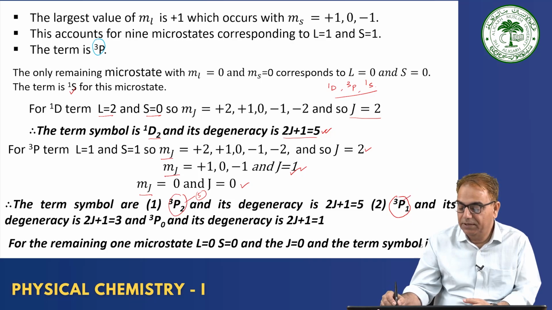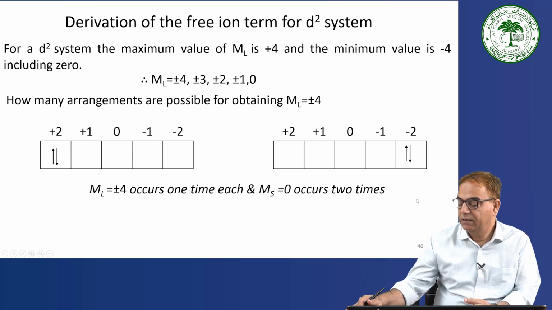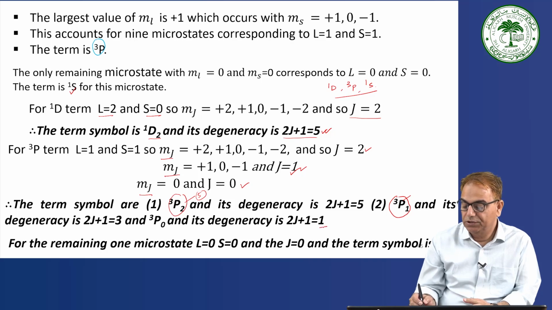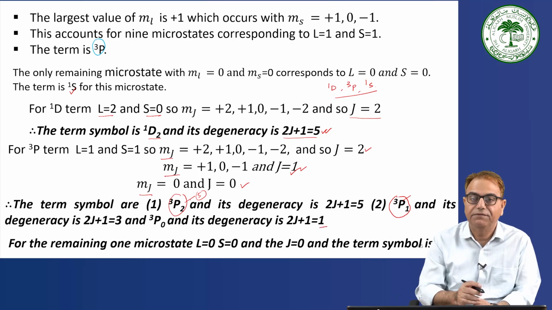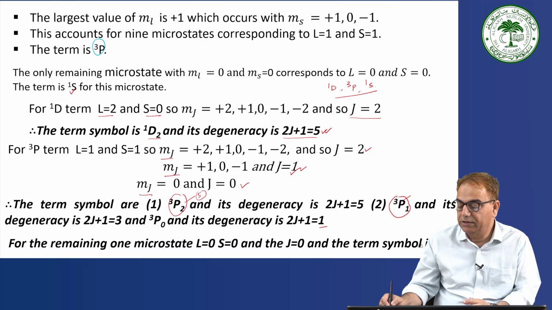So 3 states will be accounted for. And then you have triplet P0, which will account for 1 state. So 3 plus 1, 4 plus 5, 9 different terms. Okay. So for the remaining 1 microstate, L is equal to 0 and S is equal to 0, J is also 0, so singlet S0.